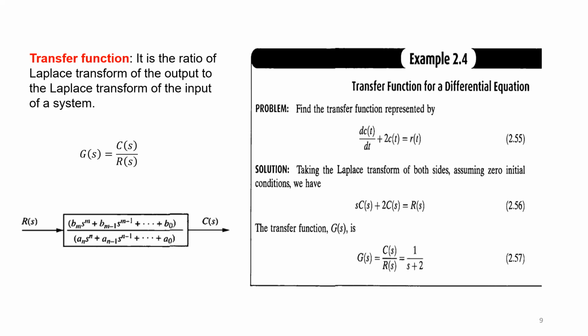See the figure here, the block diagram. R(s) is the input, C(s) is the output.